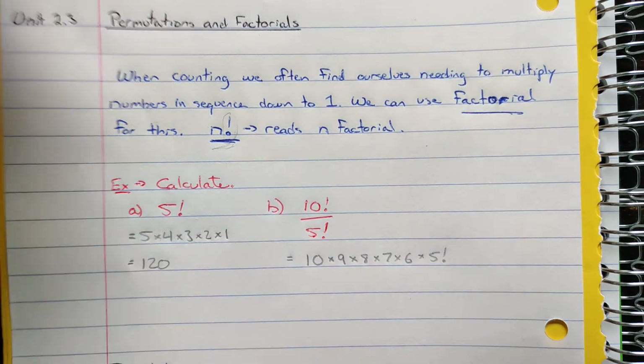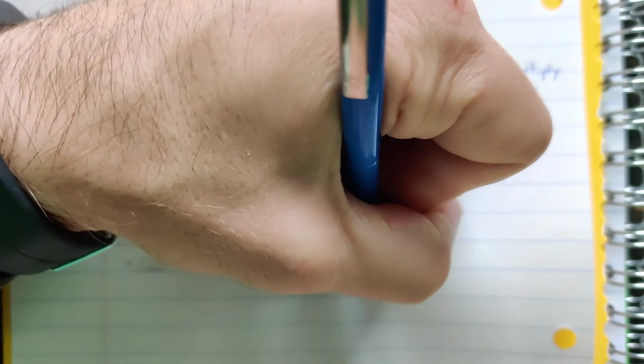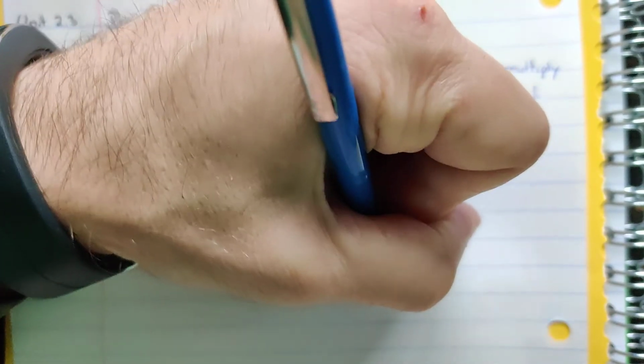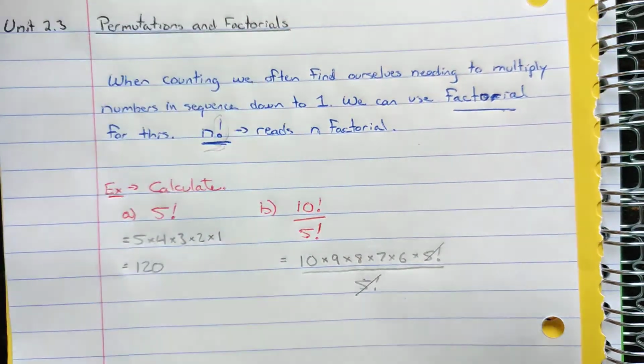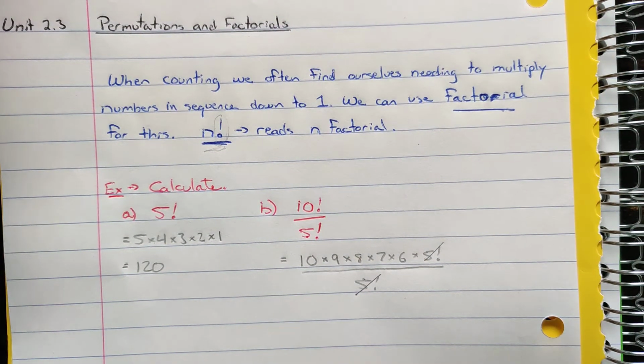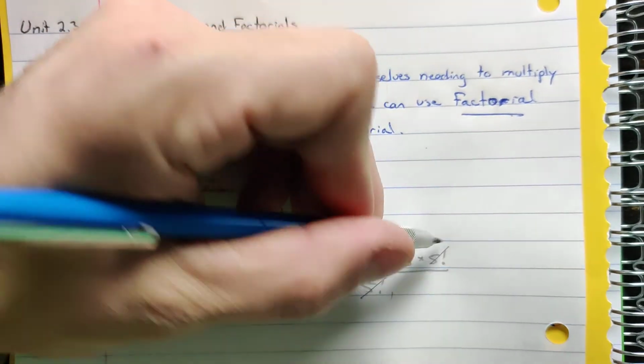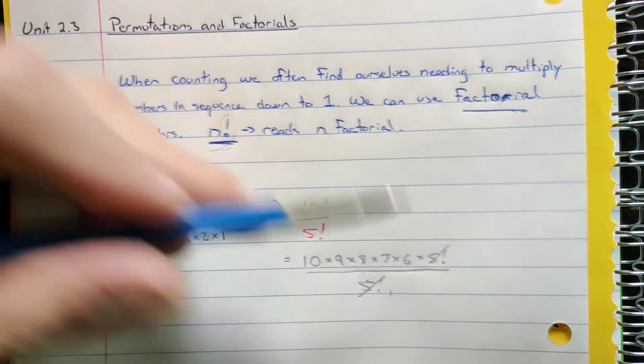And I'm going to stop there, and I'll show you why in a moment. When I finish that and put the 5 factorial in the bottom, well, 5 factorial and 5 factorial, those will factor out. And so I'm left with a 1 on the bottom and a 1 here. So I have 10 times 9 times 8 times 7 times 6.